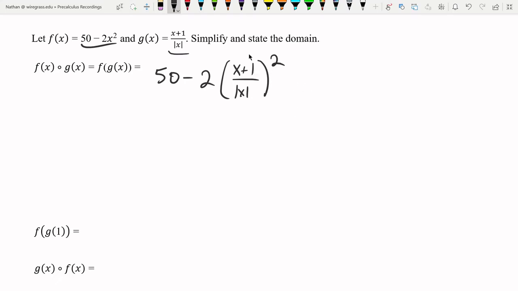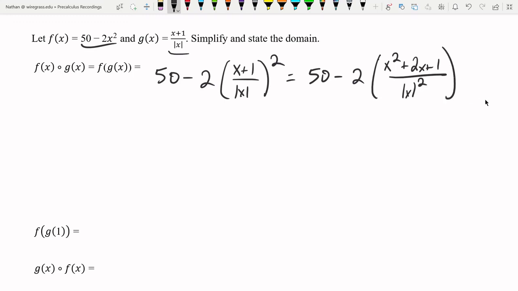And simplifying this, I guess we can multiply this thing out and see if there's anything that can simplify. x plus 1 times x plus 1 is x squared plus 2x plus 1 over the absolute value of x times itself, the absolute value of x squared.